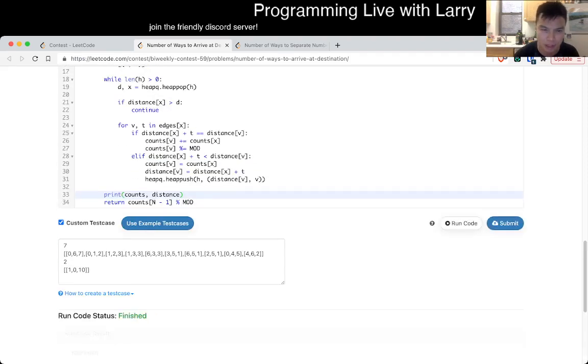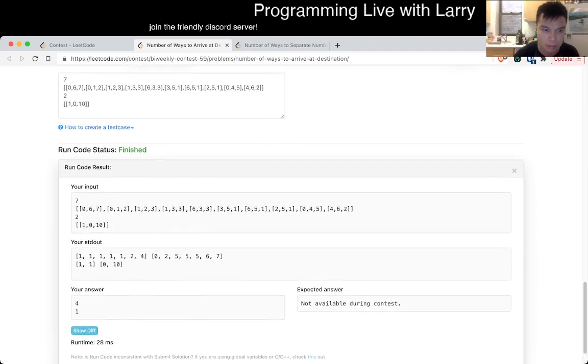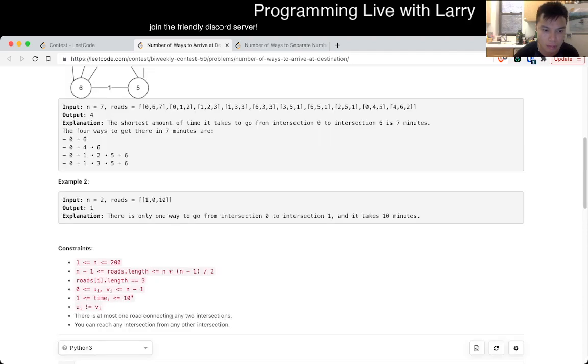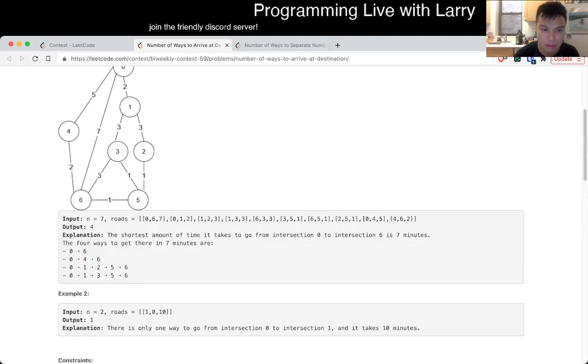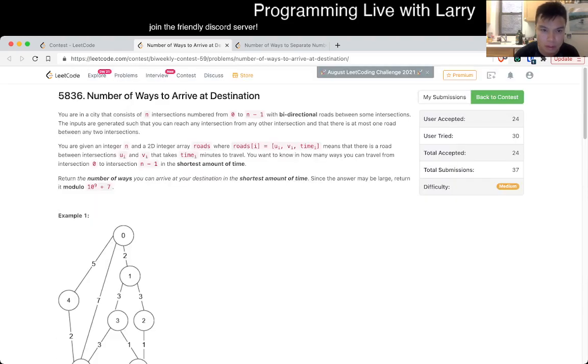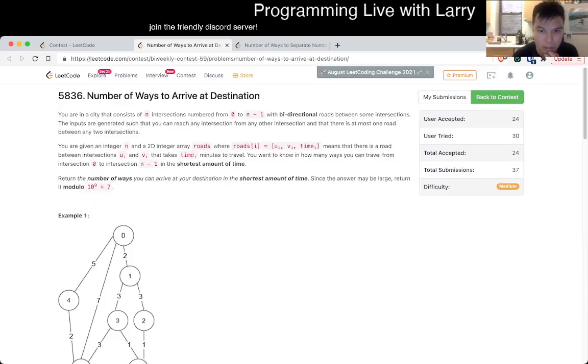I think I'm mostly right. Don't know what I'm doing wrong here.